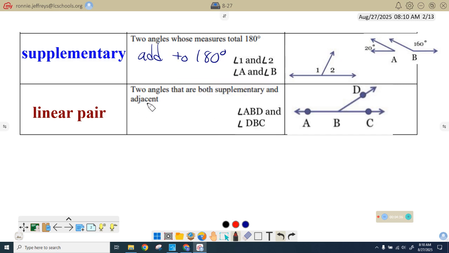The linear pair, they add to 180 and are beside each other. You've been seeing linear pairs since we started doing angles, only because those problems are easier to find than anything else. But these definitions are going to stick with us a while.